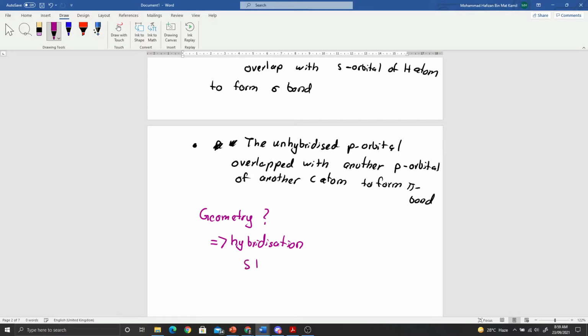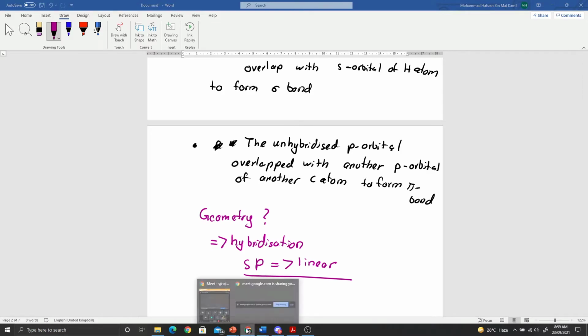So it is SP, which means this molecule is linear. So don't worry, for hybridization there are only basic shapes. We only have linear, trigonal planar, tetrahedral, trigonal bipyramidal and octahedral. Only those 5. So this is how you answer this kind of question where you are asked to explain hybridization.